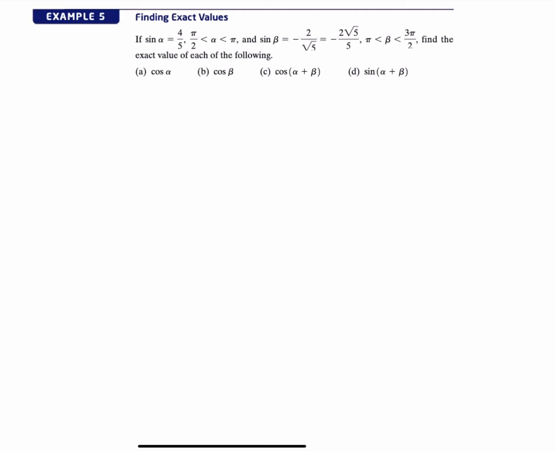Find the exact value of each of the following. So let's just go through. They've given us some messy information here, but let's see how we can use it in order to answer these questions.